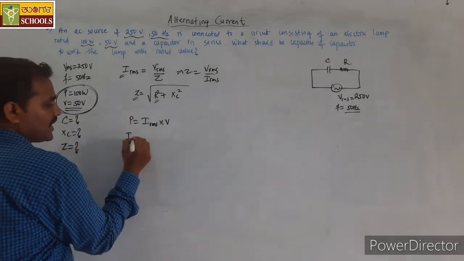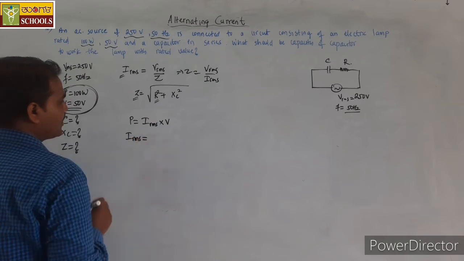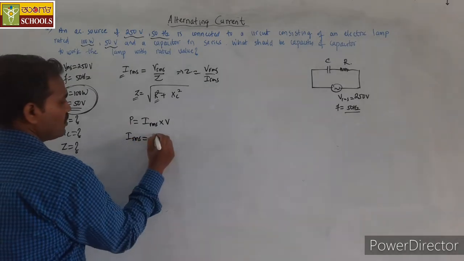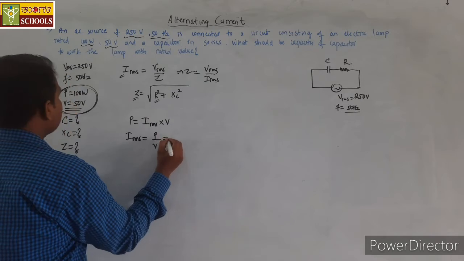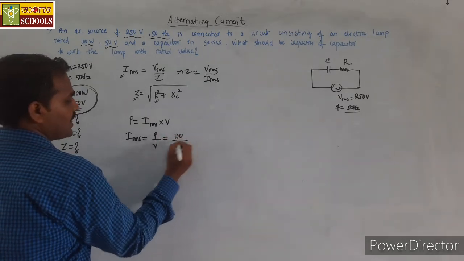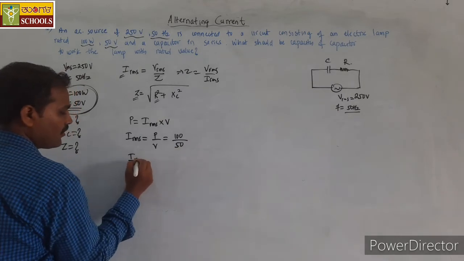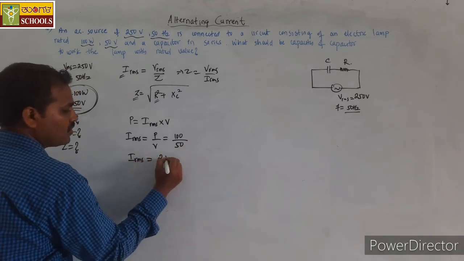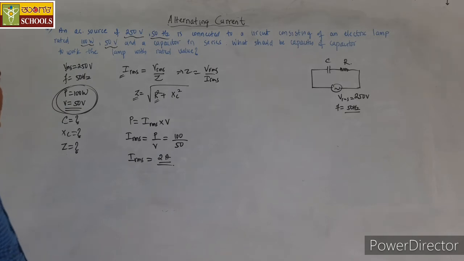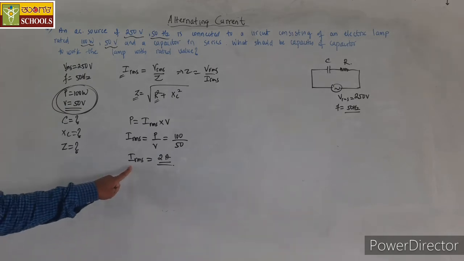By this I can calculate the value of IRMS. IRMS is equal to power divided by voltage, 100 watt divided by 50. So I get the value of IRMS is equal to 2 amperes.